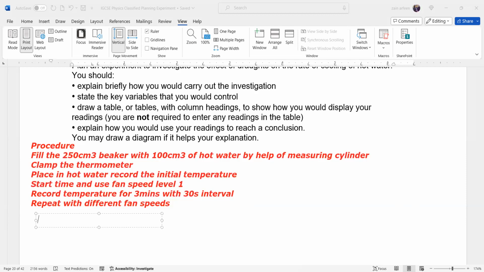So the key variables: the amount of water, the temperature, the time interval, and the temperature of the surroundings as well as the hot water, both.